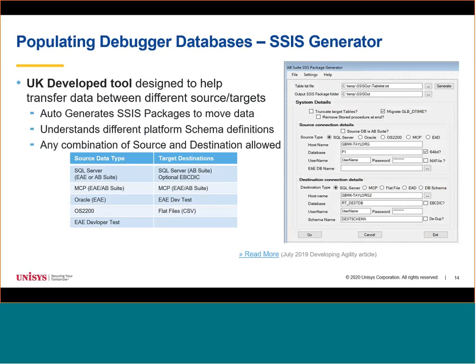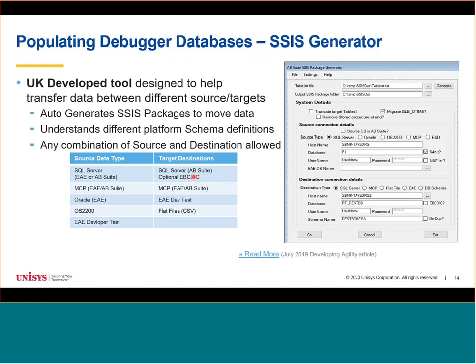And the tool itself allows us to essentially take data from one platform to another, and the source can be any of these shown down here, so SQL Server, MCP, Oracle, 2200, even EAE Developer Test, and we can transfer any of those to any of the targets.